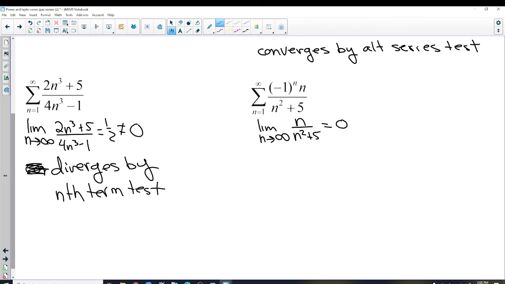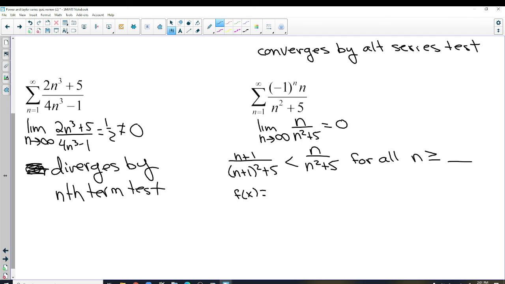But then we have to be able to say n plus 1 over n plus 1 squared plus 5 is less than n over n squared plus 5. And if the numerator and denominator are changing, then this function will decrease eventually. So we say for all n greater than or equal to something.